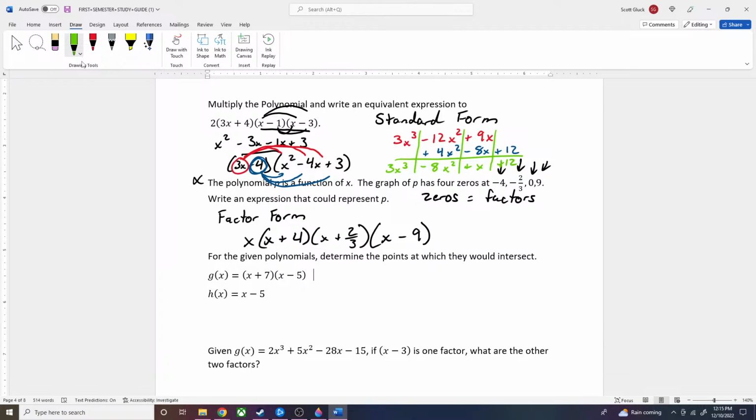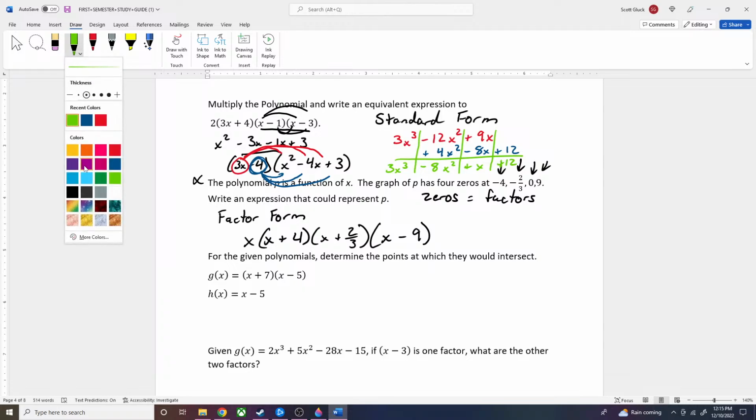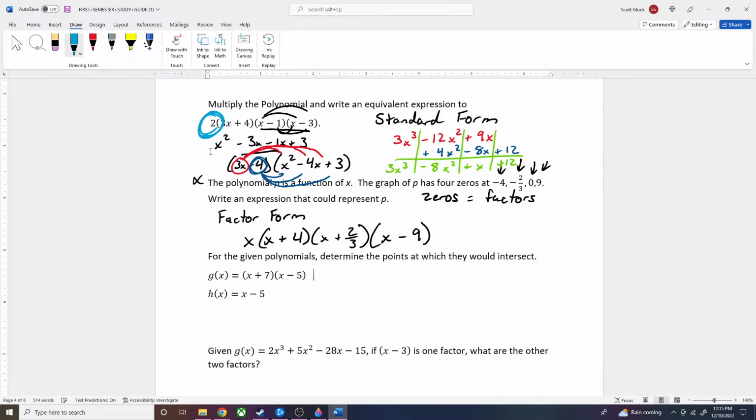There is one last step, though, that we need to remember to do, and that is this 2 right here. We need to take that 2 and multiply it times this entire thing. Fortunately, that's a lot easier than it might look. You take this 2, multiply it by 3.